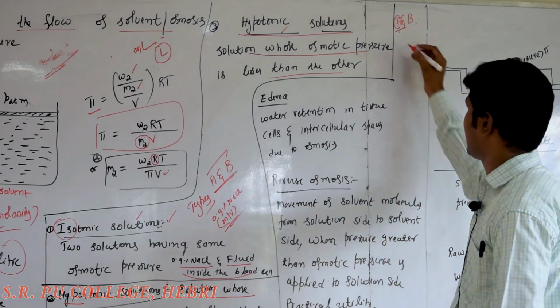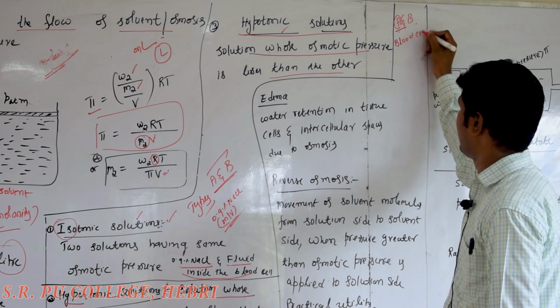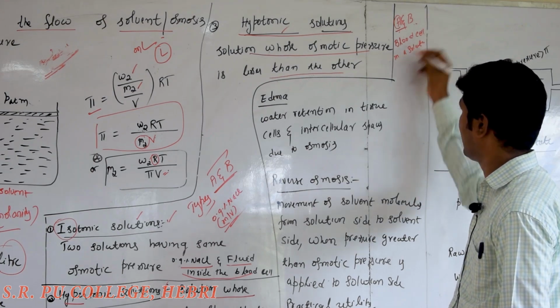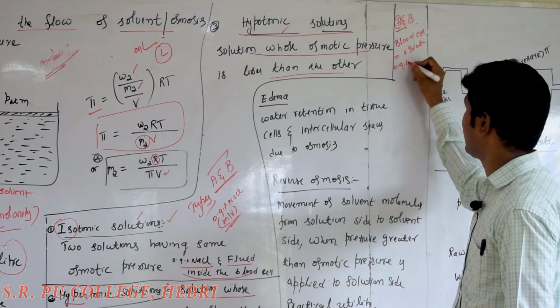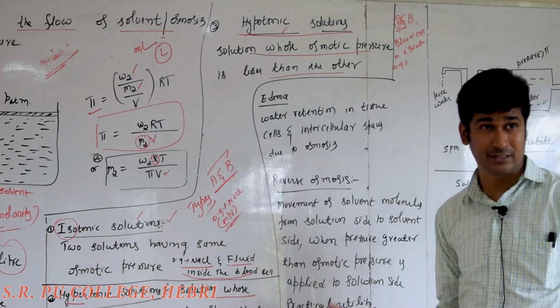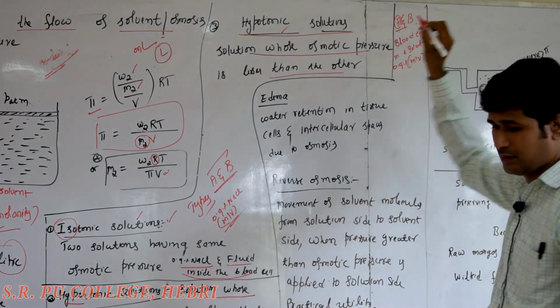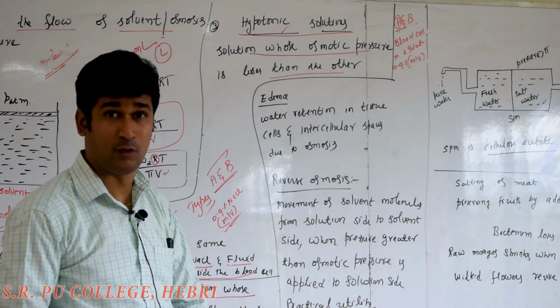Now I will give you an example. If you dip a blood cell in a NaCl solution whose concentration is less than 0.9% mass by volume, now what happens? The concentration of the saline solution is less than 0.9% mass by volume.